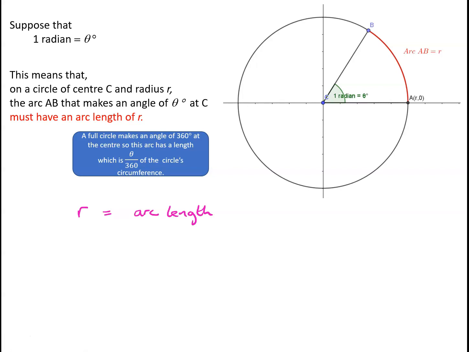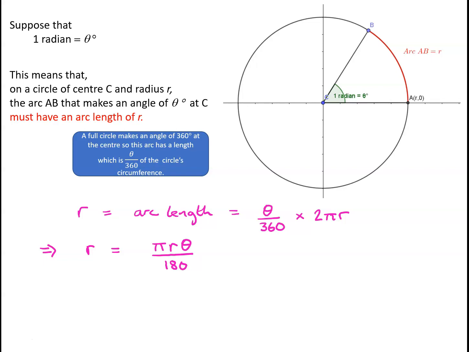But the arc length will be the fraction of the circle that we've got, which is theta divided by 360 times the circumference of the whole circle. So we've got r equals theta over 360 times 2 pi r, which simplifies to r equals pi times r times theta divided by 180.